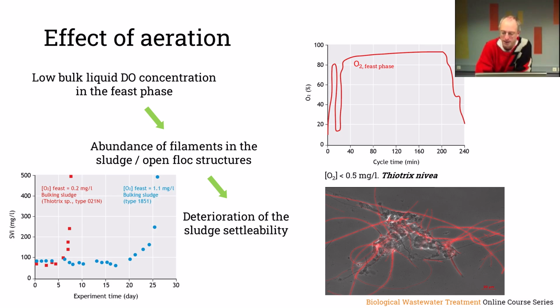What we typically see is when we decrease the aeration in the selector, so not the oxygen concentration in the main tank, which we keep high all the time so there's no limitation in what we would normally call the completely mixed tank, but during the substrate supply, during the time that they take up the easily biodegradable COD, we regulate the oxygen concentration, and we can regulate that at 0.2 milligram per liter, at 1 milligram per liter, at 2 milligram per liter.